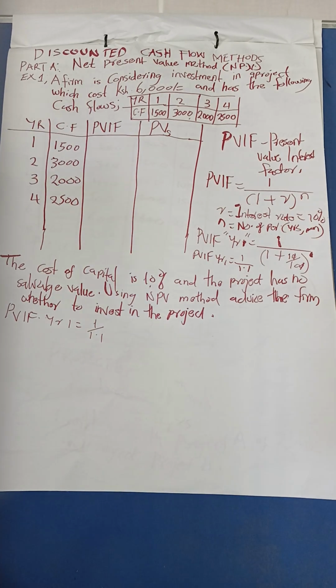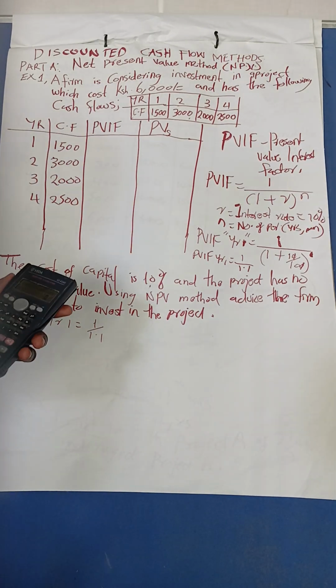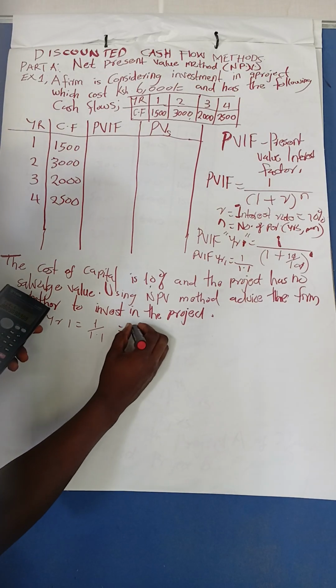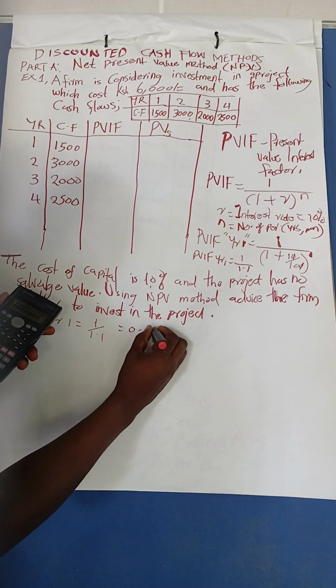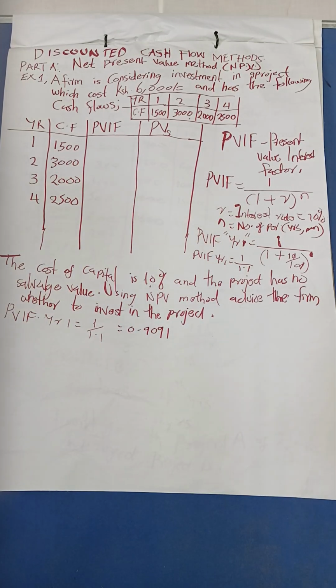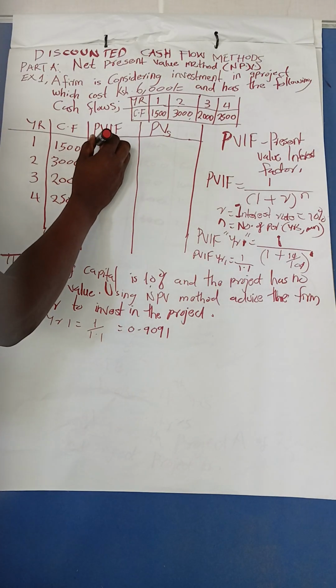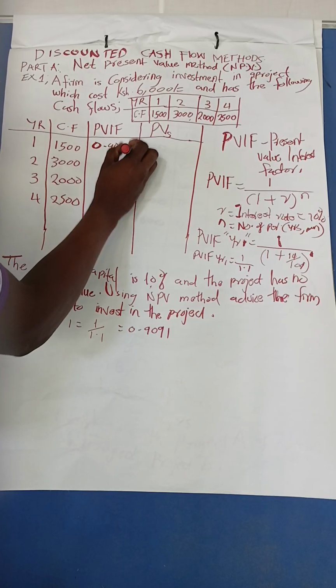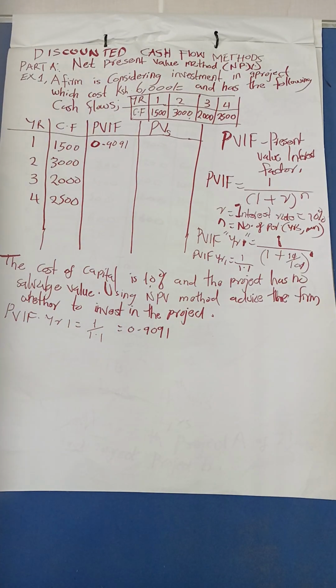What do you get? Using your calculator, like for me, let me see mine. 1 divided by 1.1, I will have 0.9091. Good. So I will write here 0.9091. Just that way.